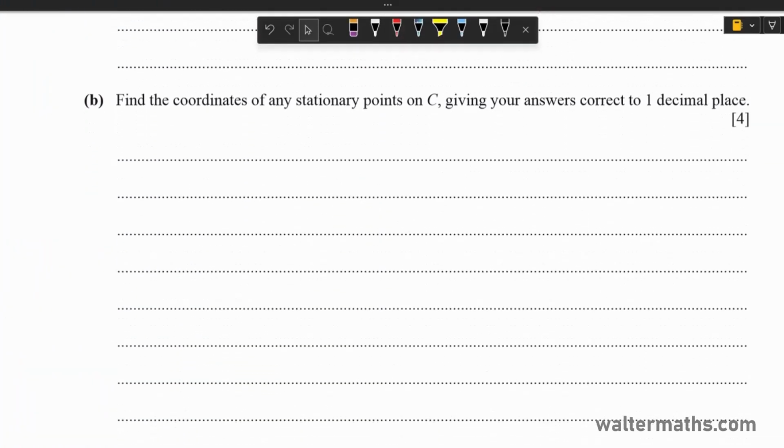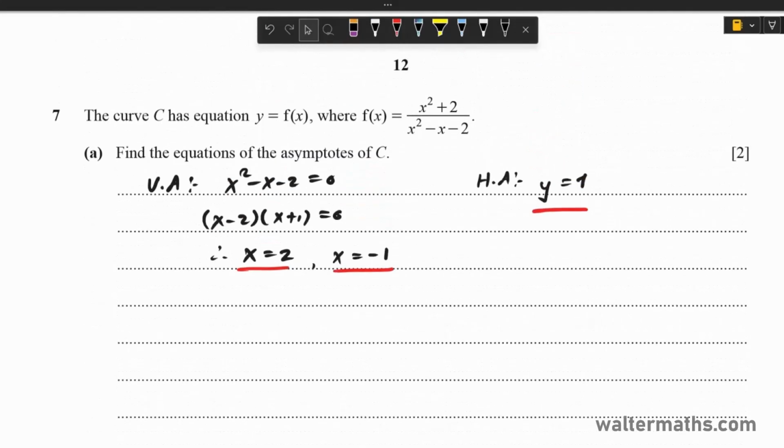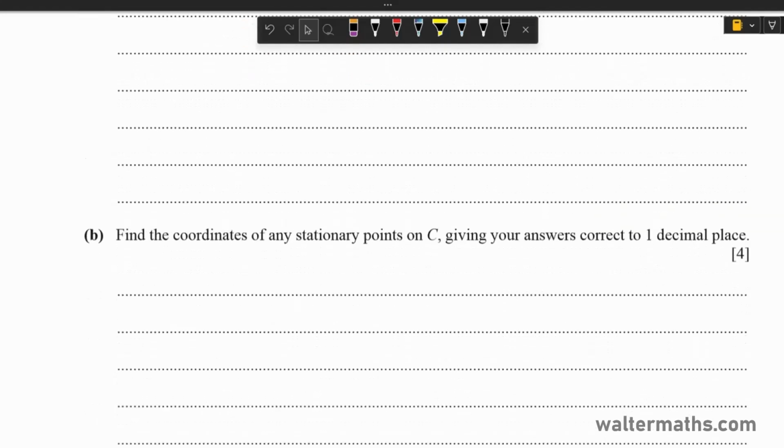Find the coordinates of any stationary points on C, giving your answer correct to 1 decimal place. Stationary points on C. Right. So we have the equation here. f of x is equal to x squared plus 2 over x squared minus x minus 2. Right.